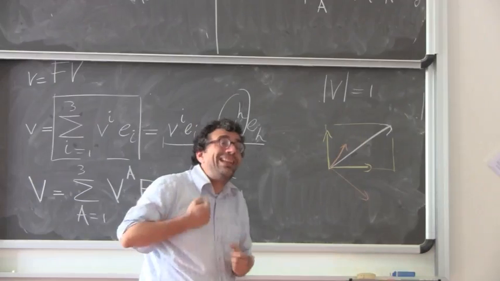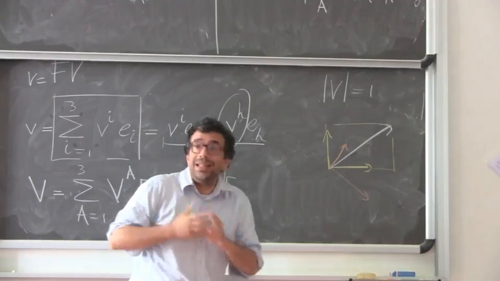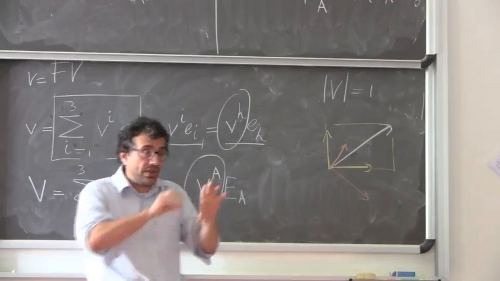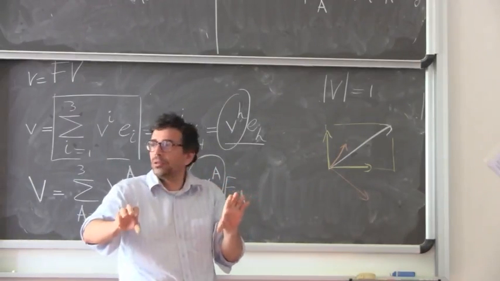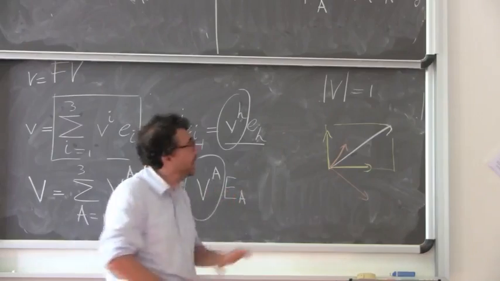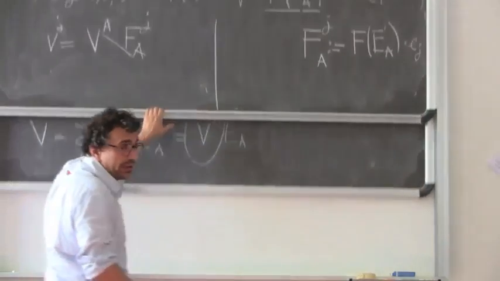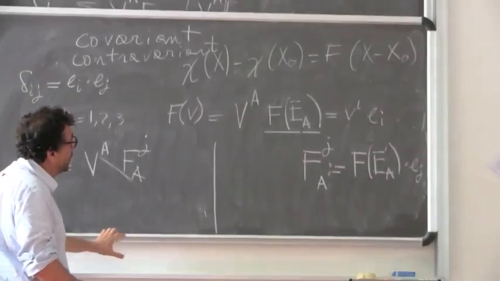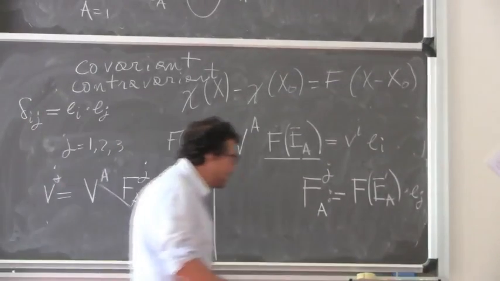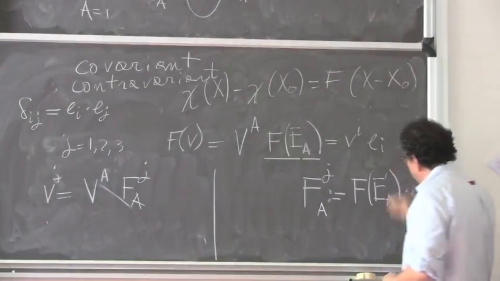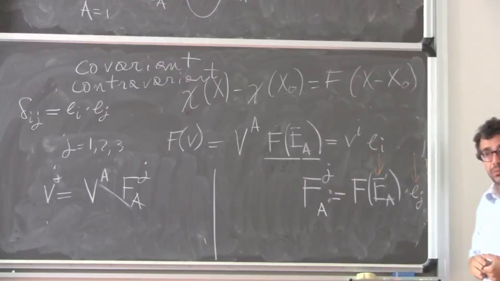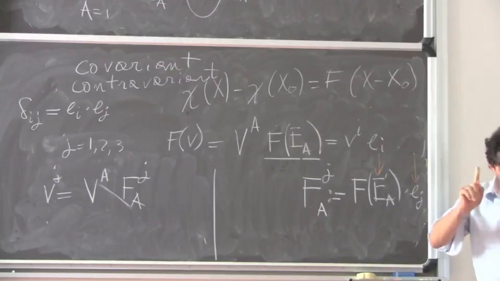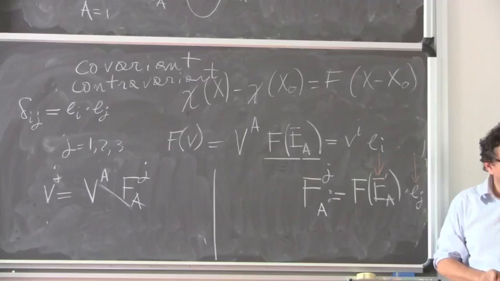Now, a linear map is something which is associated to every vector, another vector. What have we discovered? If you block the basis capital E_A, and if you block the basis small e_j, then you have a matrix.